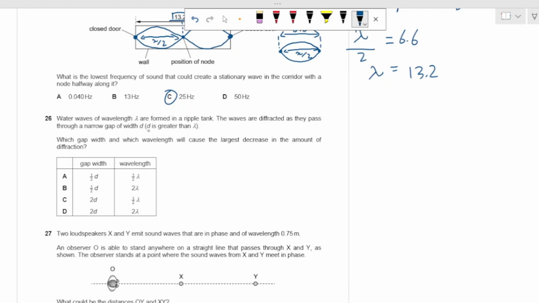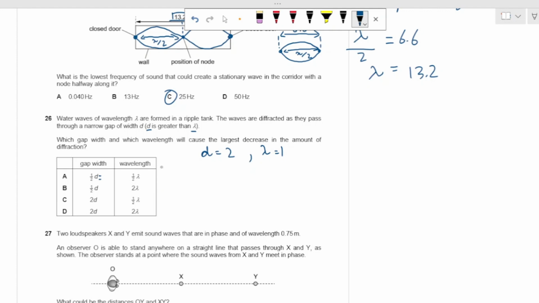The first thing is, because they've just given us a comparison value that d is greater than lambda, let us assume some values for d and lambda to make some calculations easier. Just like we did in the previous questions, let's assume d as 2 and lambda as 1. Any value, but make sure d is greater than lambda. Now let us see by plugging in the values for each of these. 1 by 2d would be 0.5 into 2.